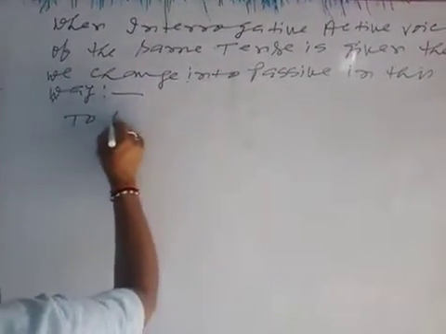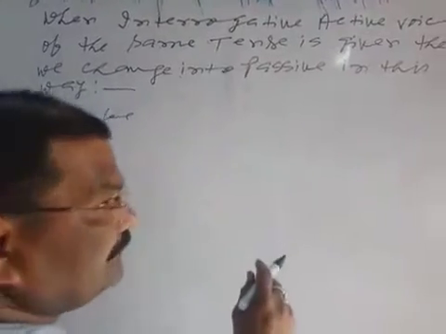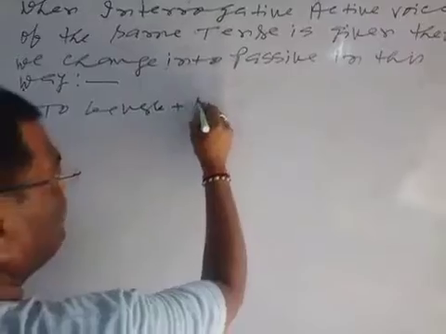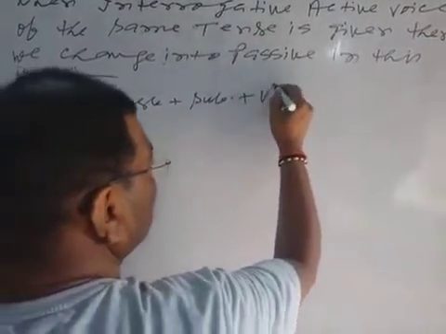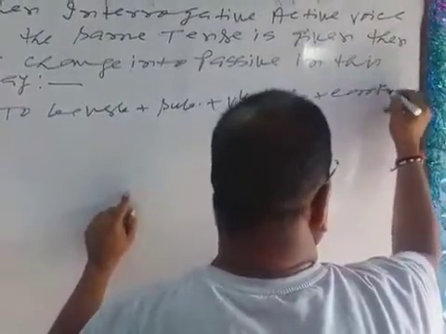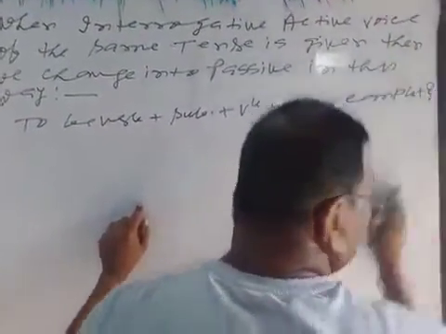The structure of active voice is to be verb plus subject plus V1 plus ing plus object, complement, and then sign of interrogation.